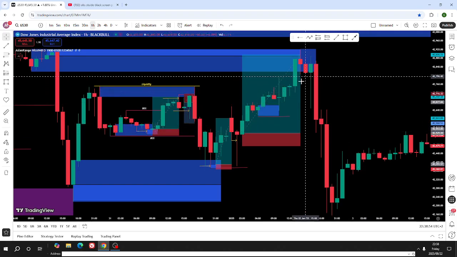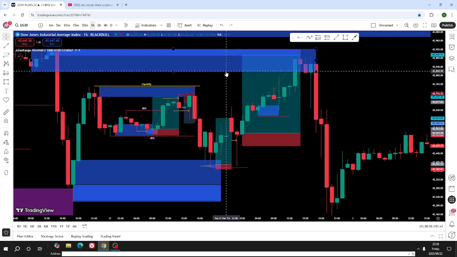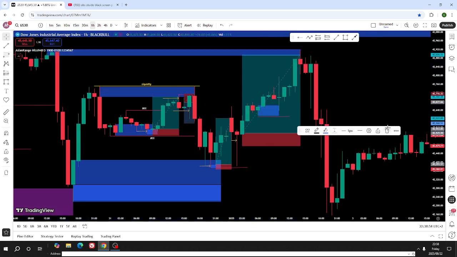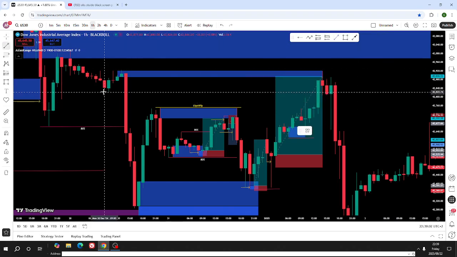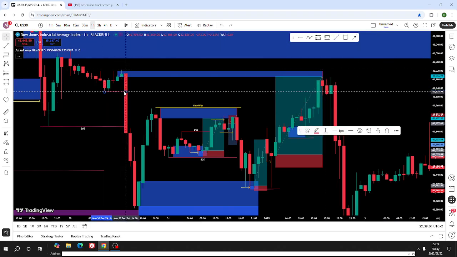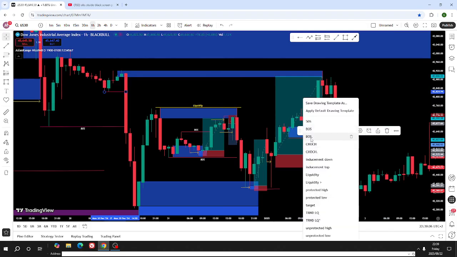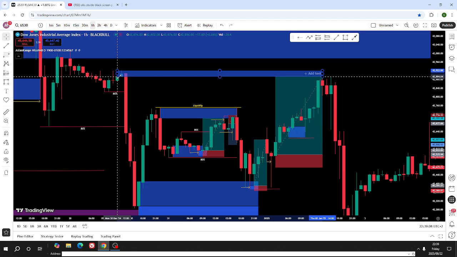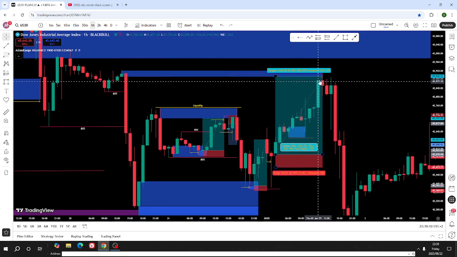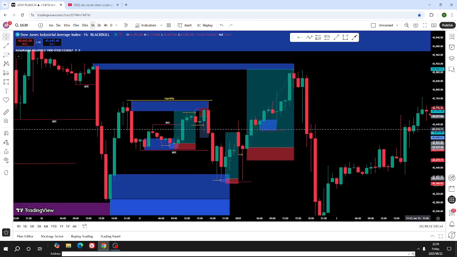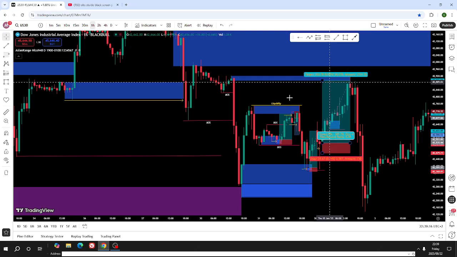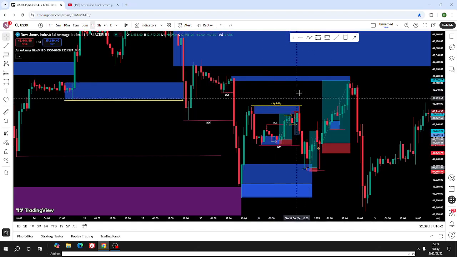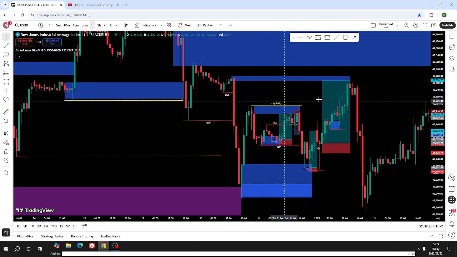Right? Our TP comes on this one, because as you can see we also had this breakout structure. So this became the order block, right? Then our TP gets hit, right? As our TP gets hit, we just took out our order block, right?